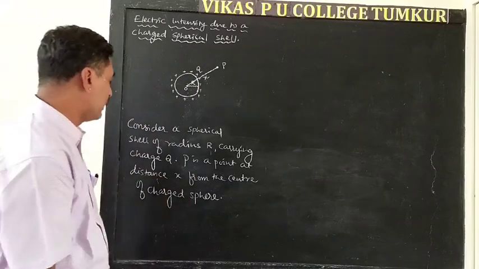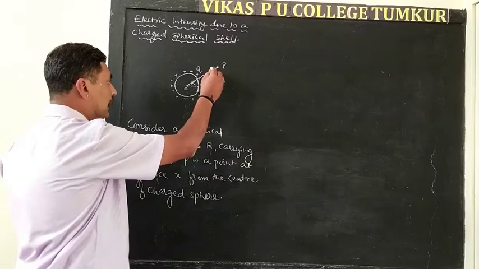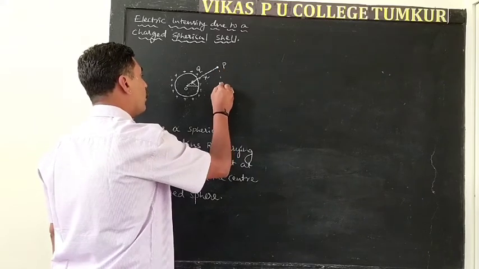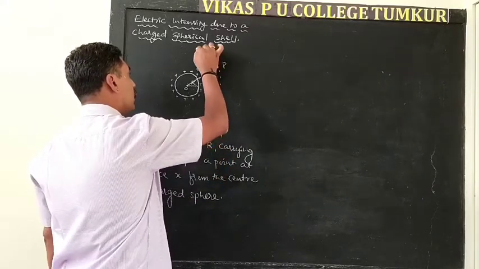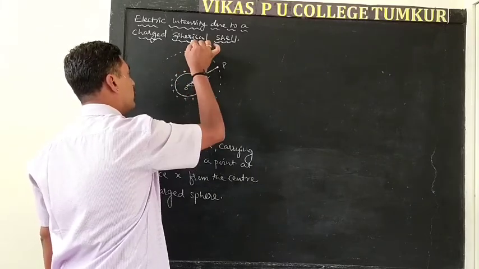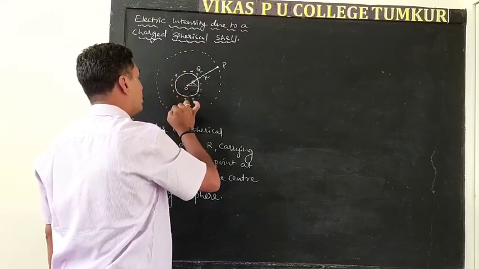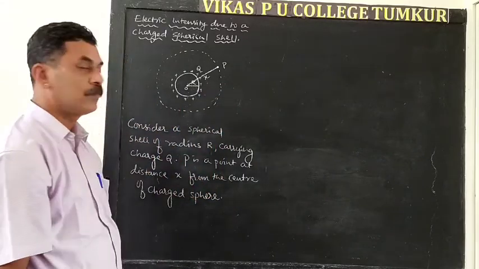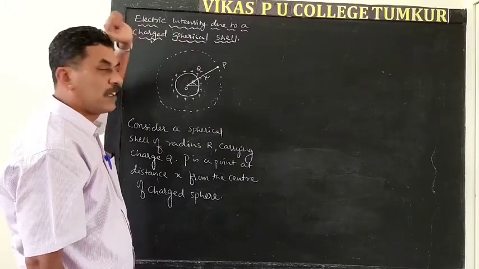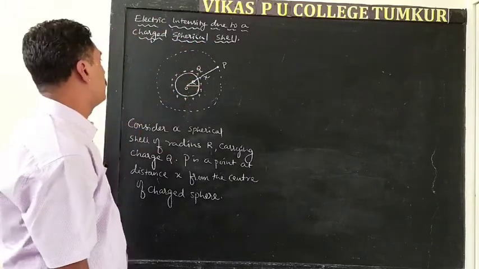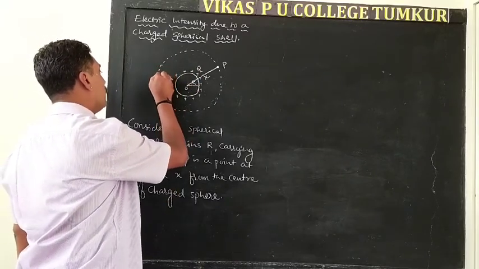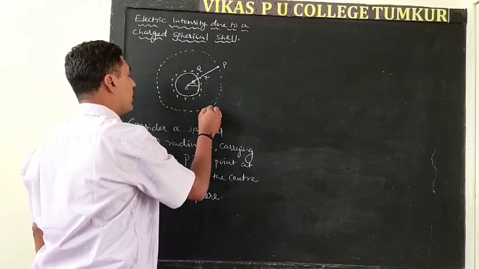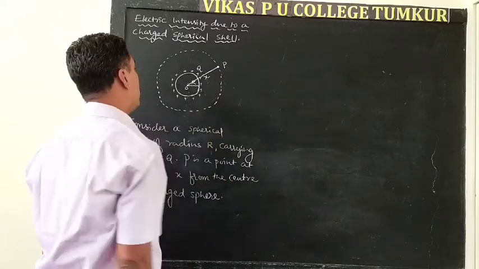To find electric intensity at point P, I am going to assume a Gaussian surface which is also a sphere and whose radius is equal to the distance of the point from the center of the sphere. That is, this distance should be the radius, concentric to this charged sphere. The center of the charged sphere and the center of the Gaussian surface you assume should coincide. I will assume such a sphere as the Gaussian surface.